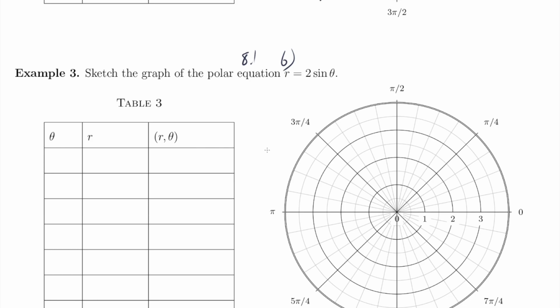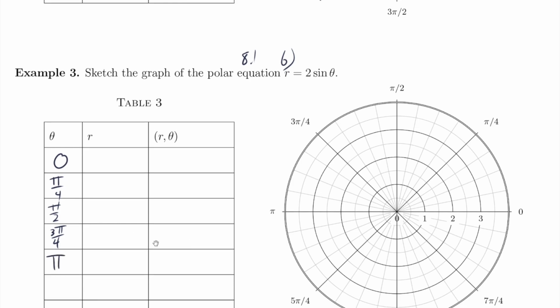Okay, so let me have all the pre-calculated data in front of me. That way you don't have to wait for me to think through it in my head. So let's do theta. Let's do the pi's: pi over 4, pi over 2, 3 pi over 4, and then pi.